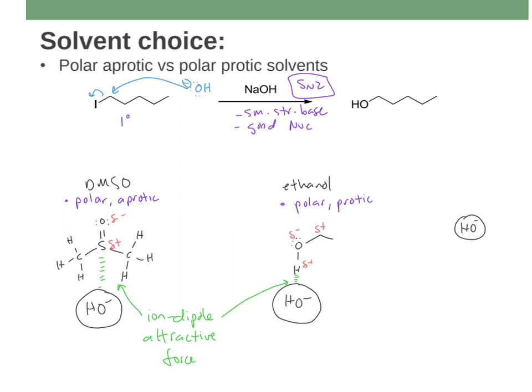Now, what you should remember from Gen Chem is that the closer you can get, the tighter the interaction, the stronger the interaction. The further apart two charges are, the weaker the interaction is going to be. So if I look at my DMSO example, these are further apart, and so this is a weaker interaction.